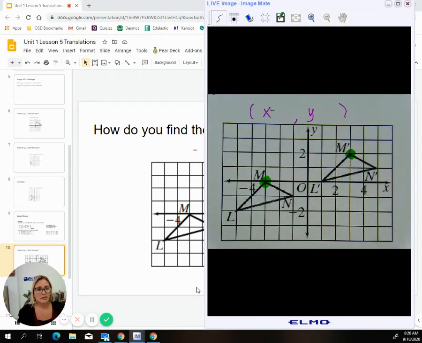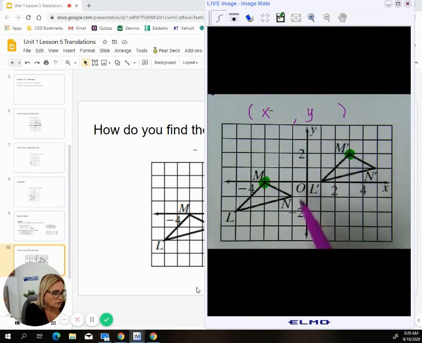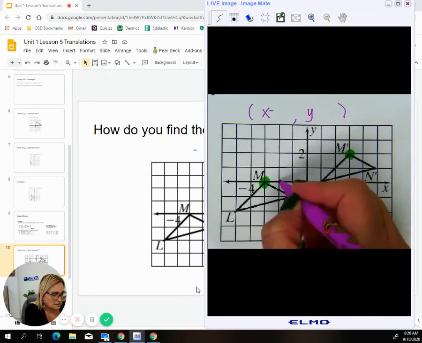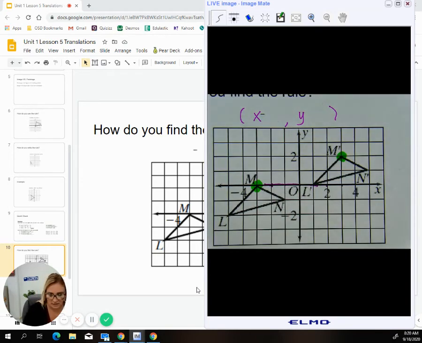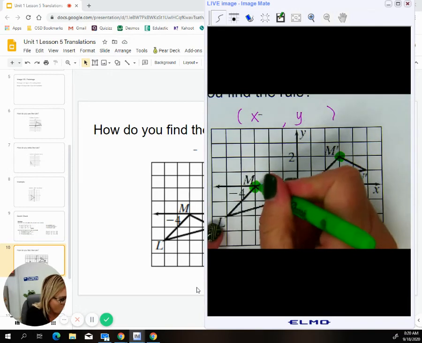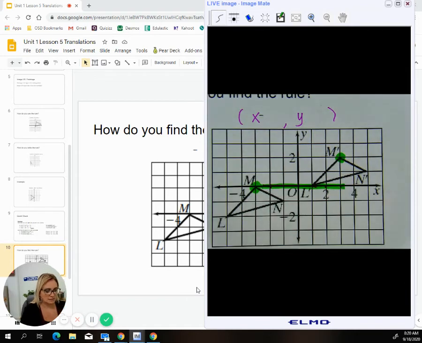So I'm going to start with X first. I am going to figure out how did it shift over here. So it shifted over 1, 2, 3, 4, 5, 6 times. Okay, if you can see that, it shifted all this direction. Let me go back to the highlighter. So shifted all this direction. 1, 2, 3, 4, 5, 6. And it's in the positive direction.